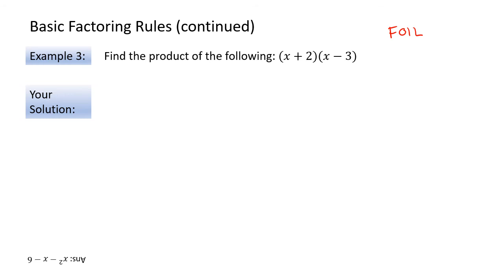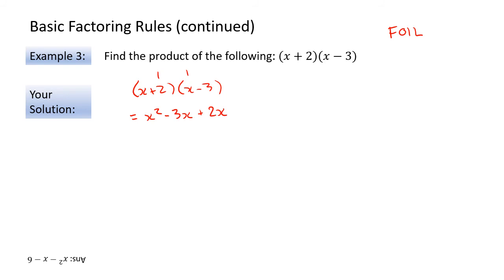So if we start with FOIL, we have x plus 2 and x minus 3. Our first terms are x and x, so that's x squared. Our outside terms are x and negative 3, which is minus 3x. Our inside terms are 2 and x, so that becomes 2x, positive, because they're both positive.